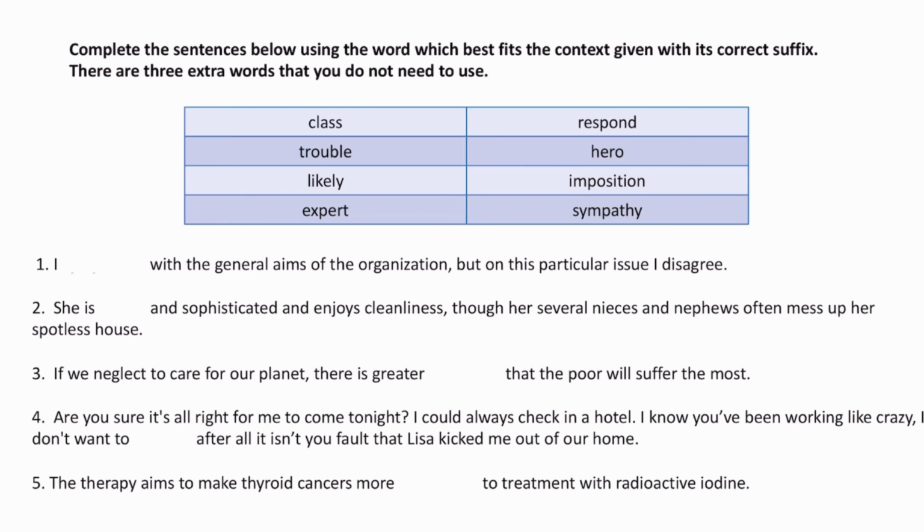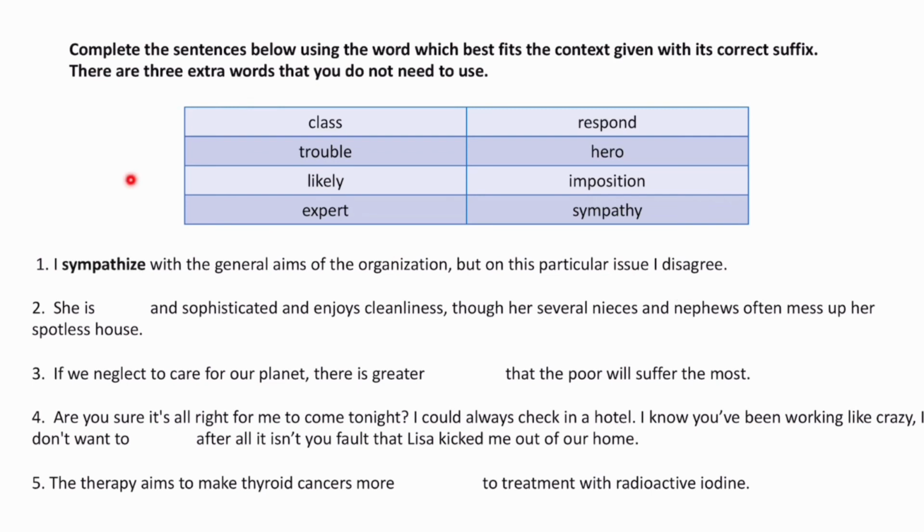And here you can basically see that this person agrees with the first part, but disagrees on a particular issue. Looking at the table, you can pretty much single out sympathy. So, and if you look at the context, I do something with the general aims of organization, so it's going to be sympathize.